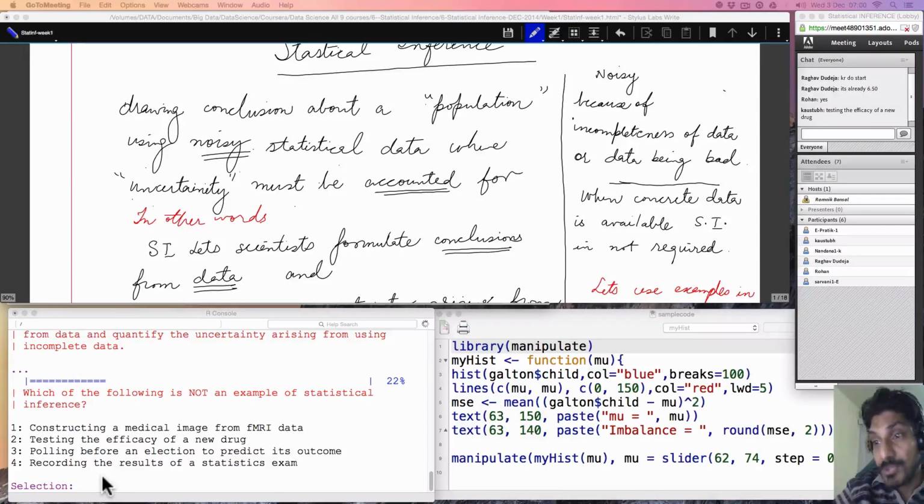Same, third one is polling before an election to predict its outcome. It did not say polling before an election. So basically what polling means here is exit polling, right? If suppose it was polling before an election, to decide the outcome, then it would not have been statistical inference, it would have been the actual concrete data. Are you getting this? So there is always a difference between exit polls and the actual polling.